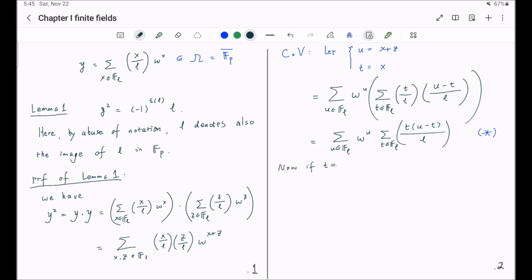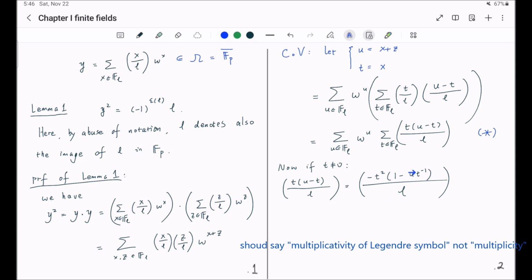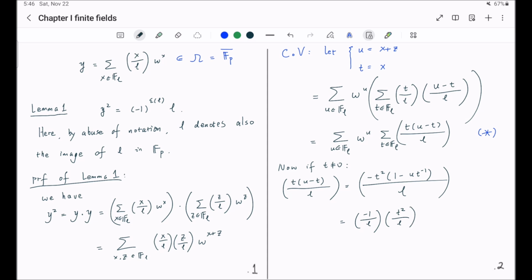Now if t is not equal to 0, this Legendre symbol, t times (u minus t) modulo L, is equal to, now we pull out a negative t squared, and the rest is equal to 1 minus u t inverse modulo L. And again, we use the multiplicity for the Legendre symbol to get (negative 1 over L), (t squared over L), and (1 minus u t inverse over L).